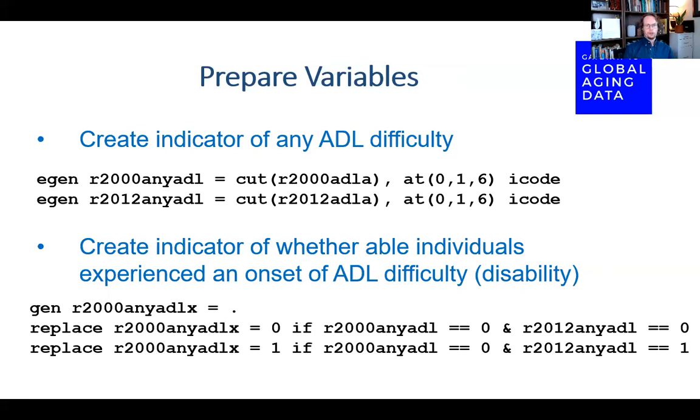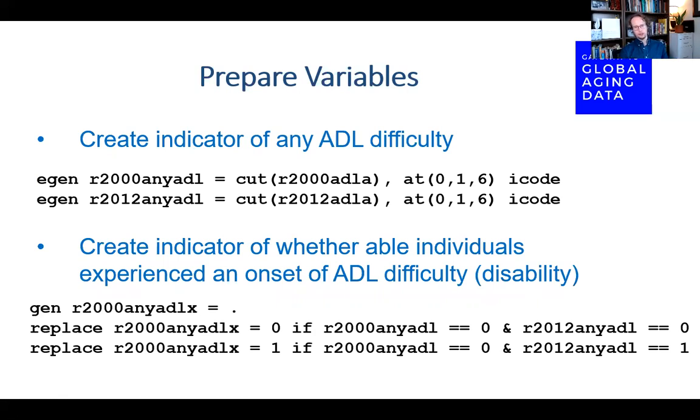So we're going to create a secondary indicator which summarizes that by just saying whether they have at least one of those, or none of those. We're going to do that using an egen cut command, and we're going to cut it at 1. So if it's 0, it'll have a value of 0. If it's 1 through 5, it's going to have a value of 1.